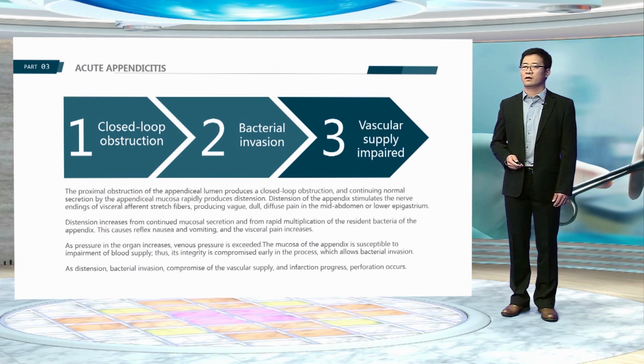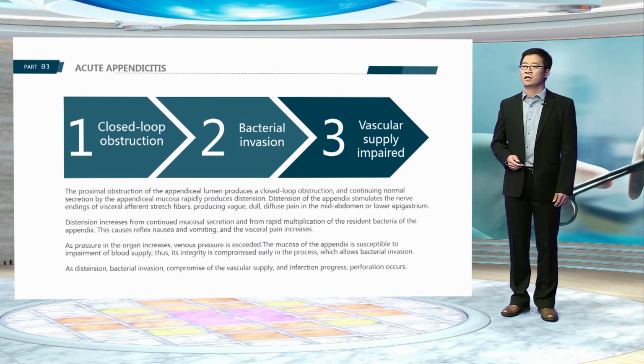Distension increases, with rapid multiplication of bacteria. These cause reflex nausea and vomiting, and visceral pain increases. As pressure in the organ increases, venous pressure is exceeded.